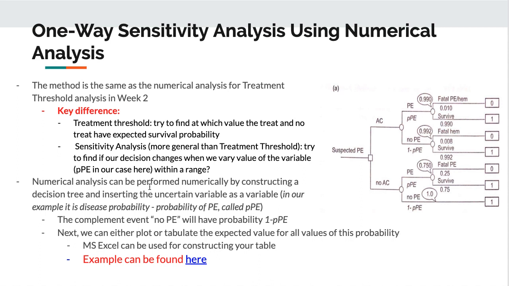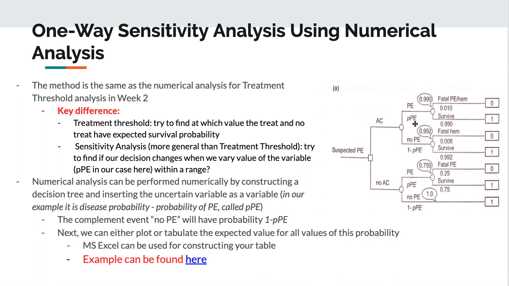So the numerical analysis can be performed numerically by constructing a decision tree, as we discussed in the previous lecture, especially in week 1, where we utilized the proactive method to construct our decision tree. And then we're going to insert the uncertain variables as a variable in our analysis. In our case here, that's the probability of the disease PE, so we call it PPE.